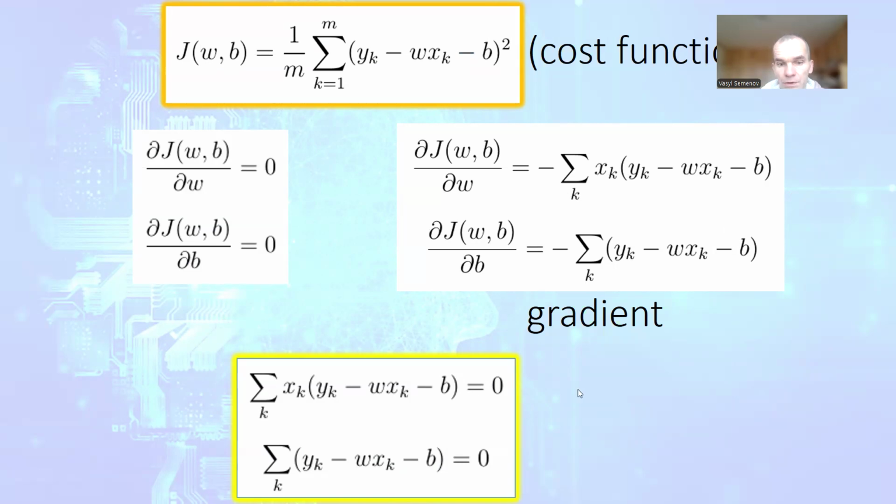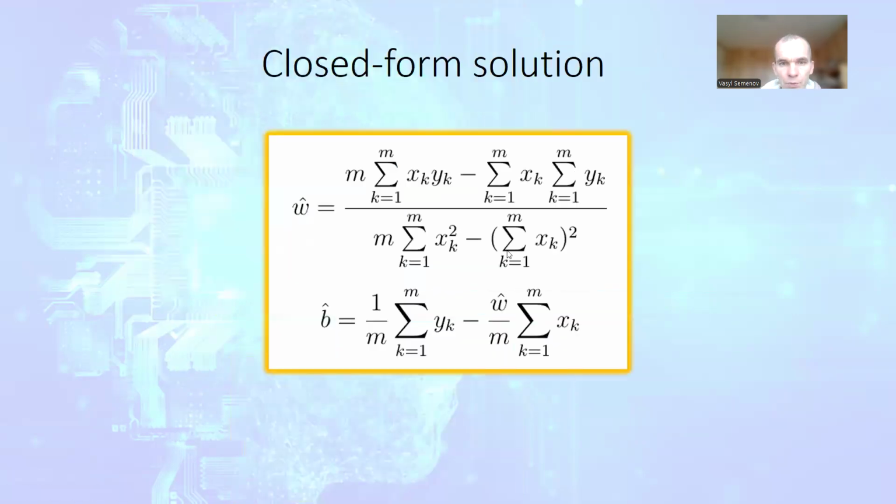From these equations, we can derive linear equations for W and B, and we can calculate them in the following way: W hat and B hat. So it's a closed form, or analytical, solution for this problem.